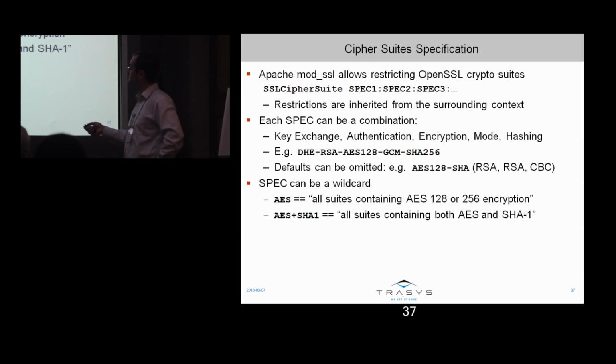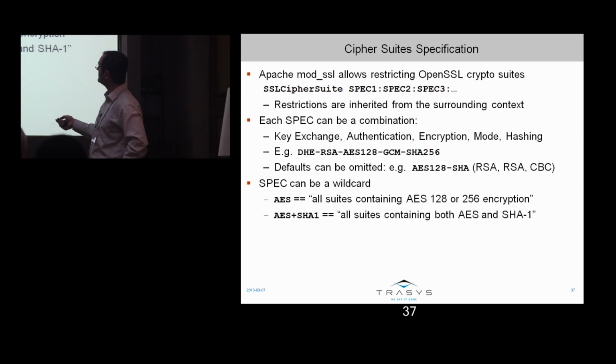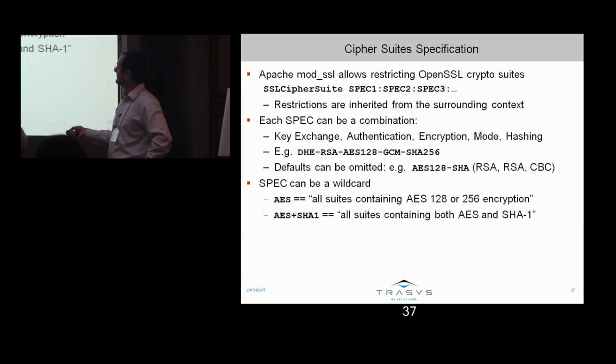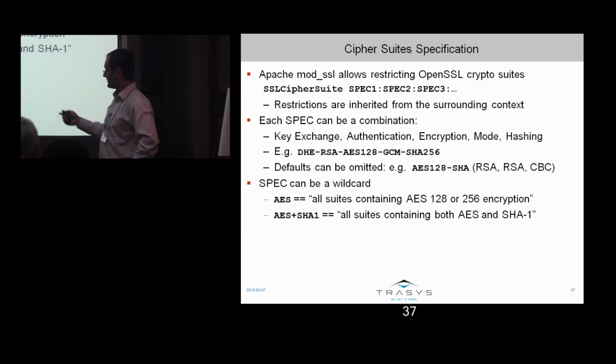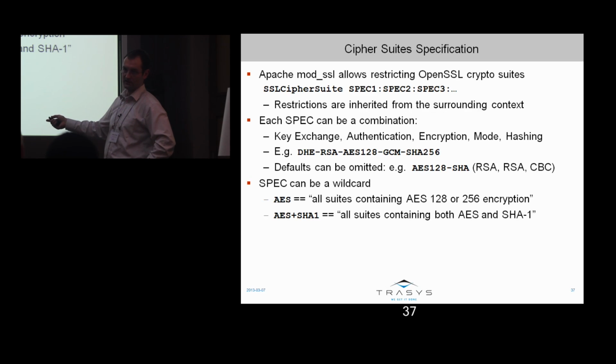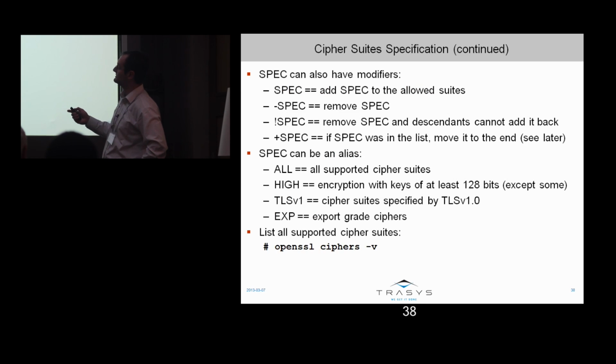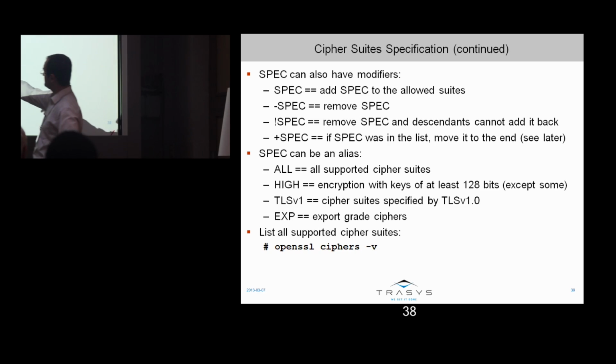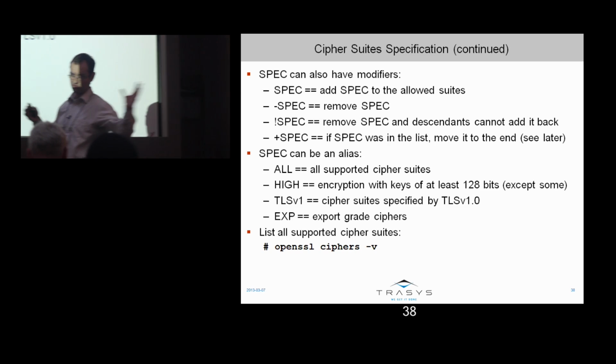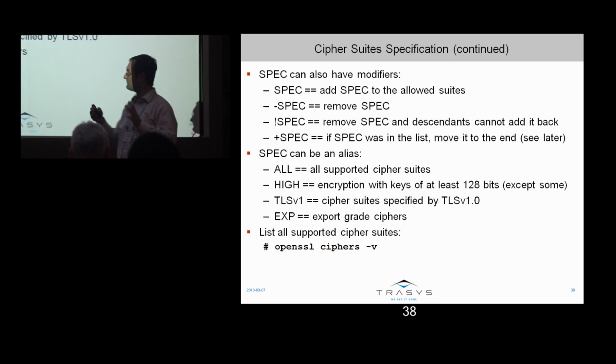There are wildcards. If you just take AES, it's valid for AES 128 and 256. You can combine wildcards to obtain a sort of AND filters. Okay, it's a whole complex syntax. If you just specify a spec, then whatever the context had provided so far, you add a cipher.